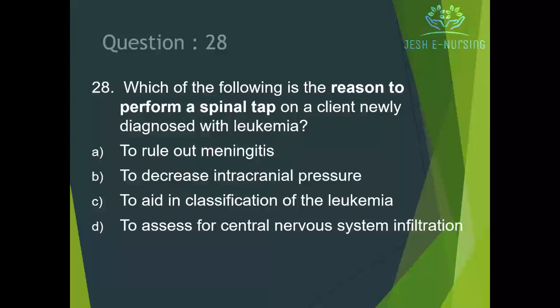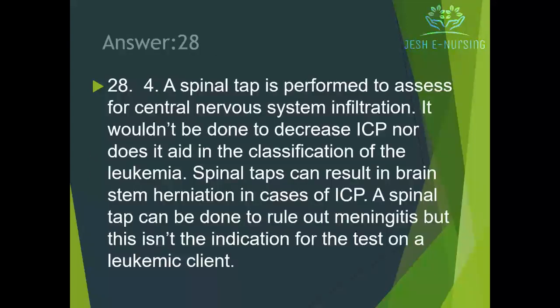If we want to identify whether it is involved in the central nervous system, we need to go for lumbar puncture. So cerebrospinal fluid will give the diagnosis for whether it is involved in the central nervous system. So we need to perform a spinal tap. A spinal tap is performed to detect central nervous system infiltration.